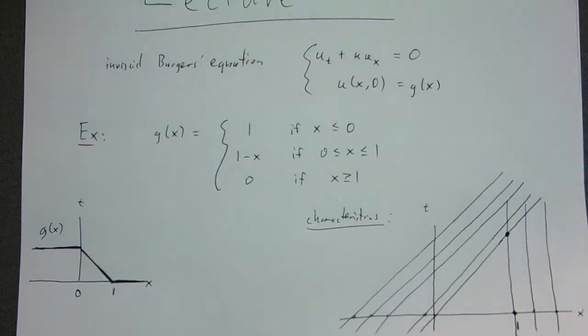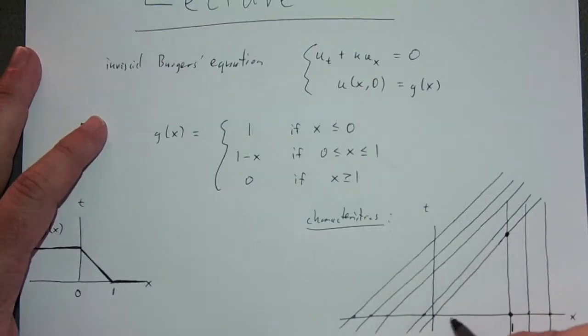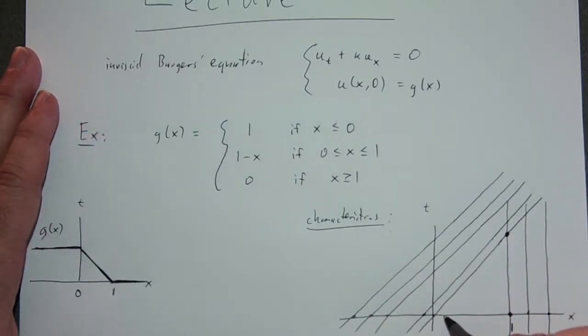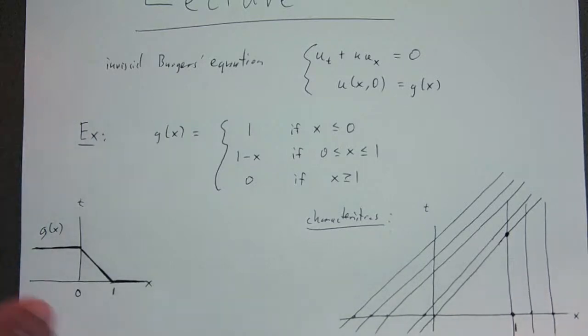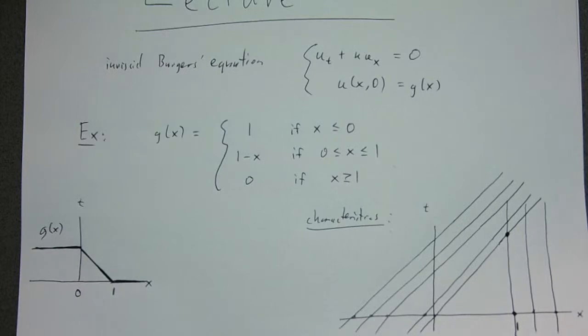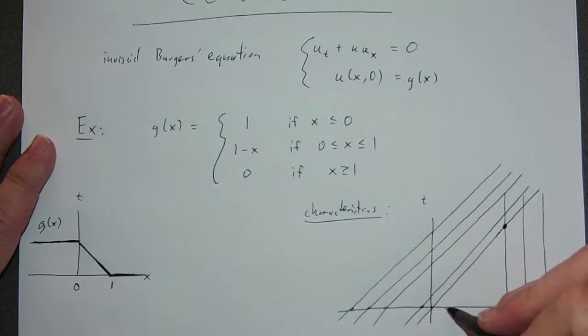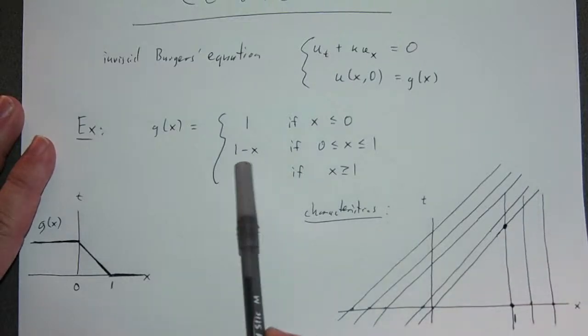Well, what happens in this region? Like if I pick something in this region, what is going to happen here? Well, if we think about what it is that's happening, at a point here, my slope is 1 minus x.